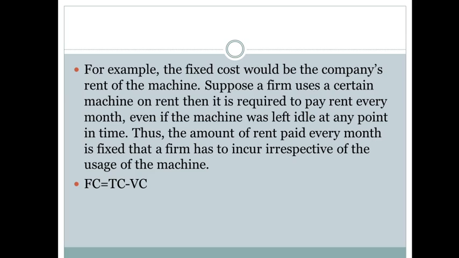FC, fixed cost, is equal to TC minus VC, where TC means total cost and VC means variable cost. If we subtract variable cost from total cost, we will get fixed cost. So this is the formula for calculation of fixed cost.